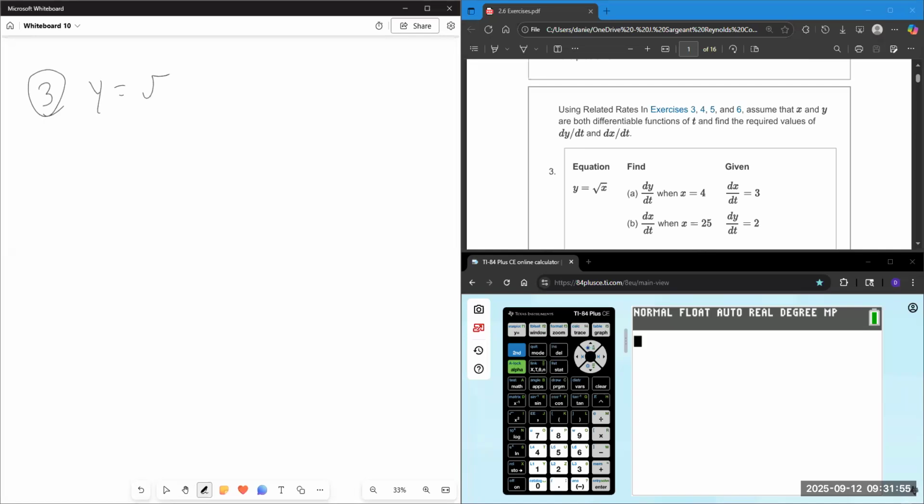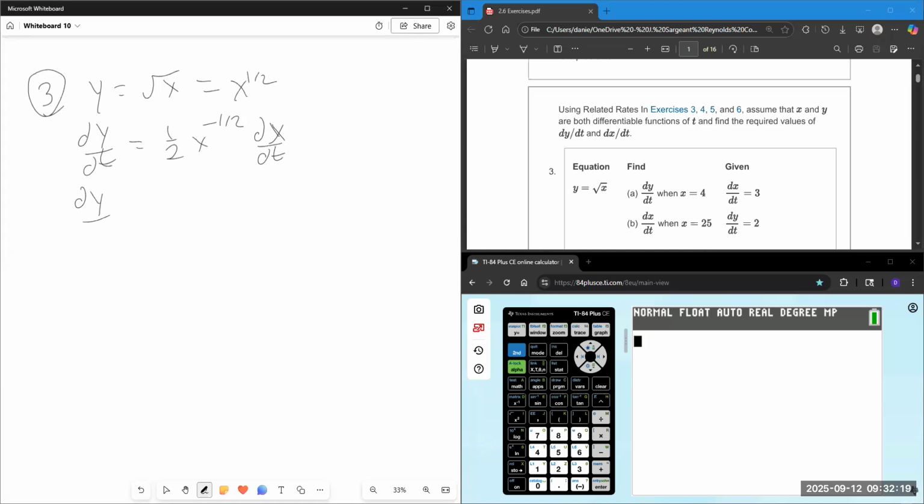y equals the square root of x, that I'll write as x to the 1/2 power, and I'll differentiate here and say dy/dt is equal to 1/2 x to the negative 1/2 dx/dt. Again, differentiating implicitly with respect to time.